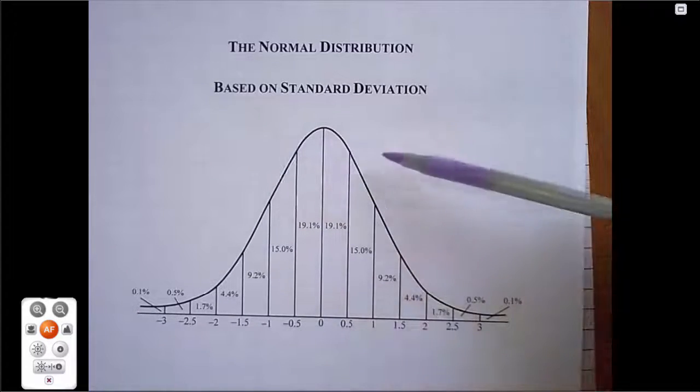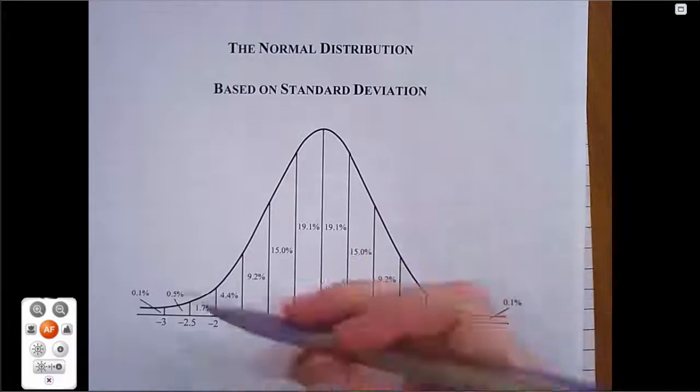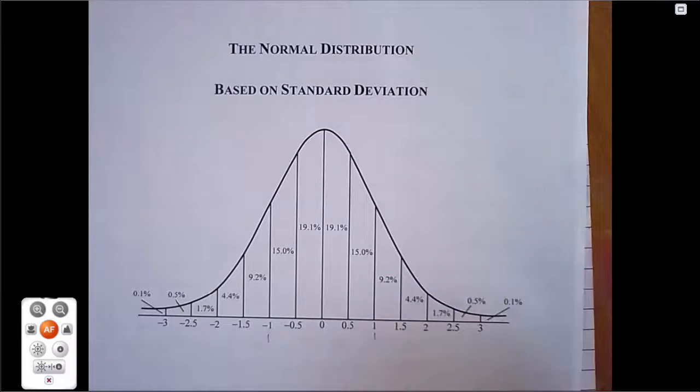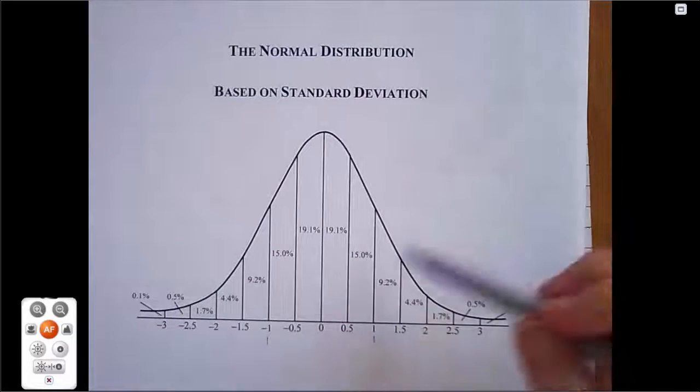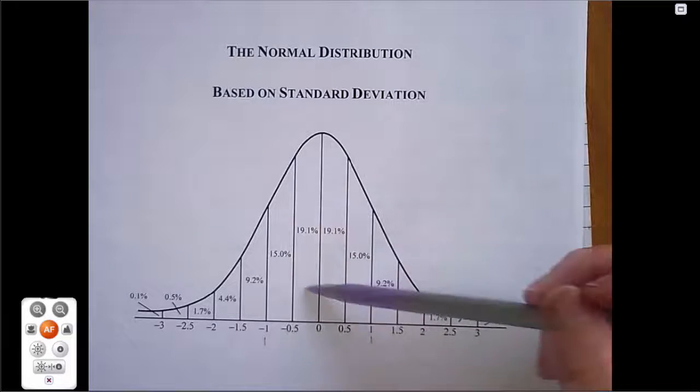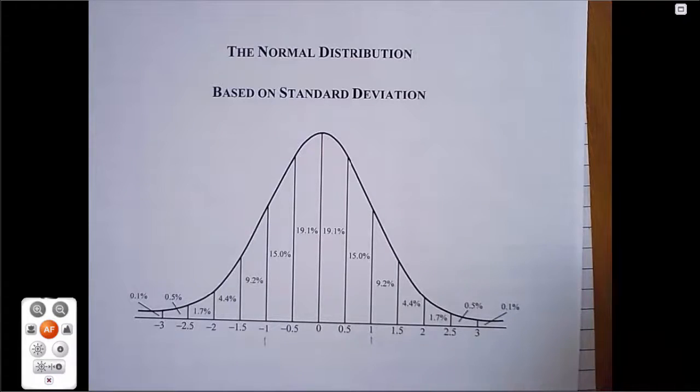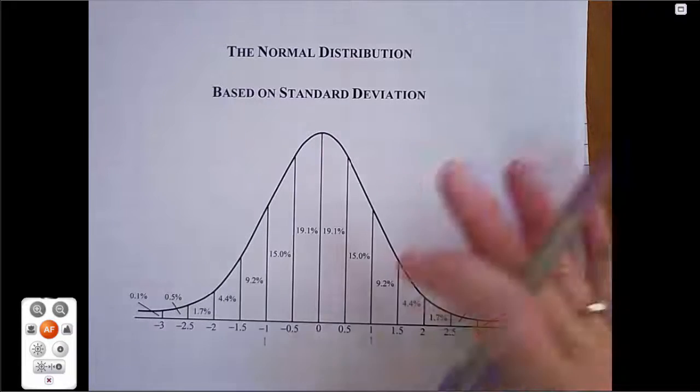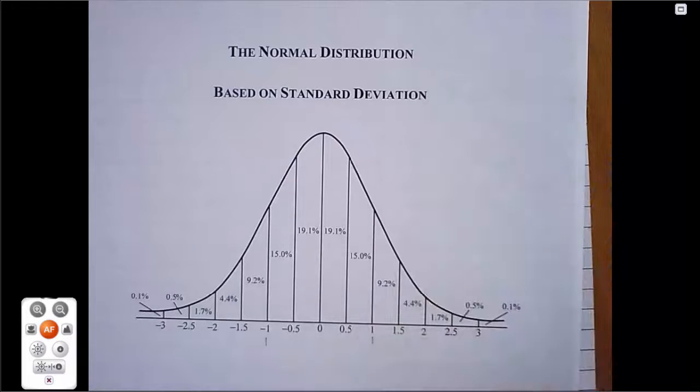If I add another 15% to each of those, now here I am 1 standard deviation above and below the mean. There's our 68%. If you add those percentages up, they're going to call it 68.2%. It really doesn't matter at this point. We have a much more precise way of finding some of these percentages in tomorrow's lesson.